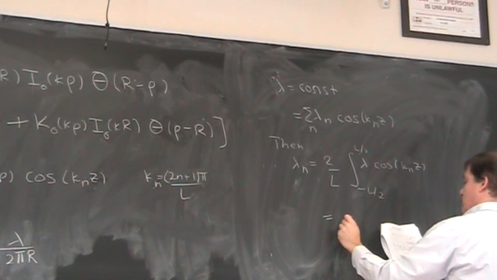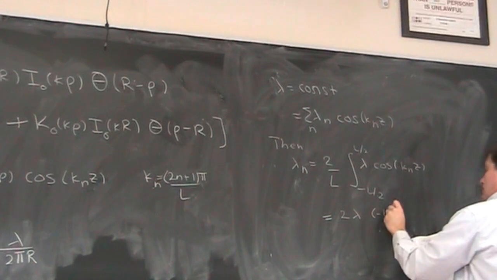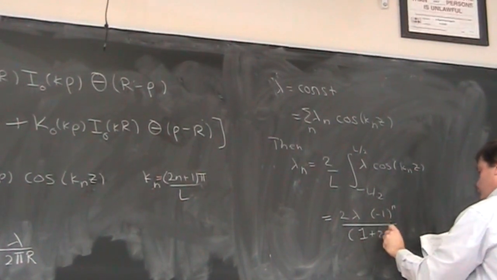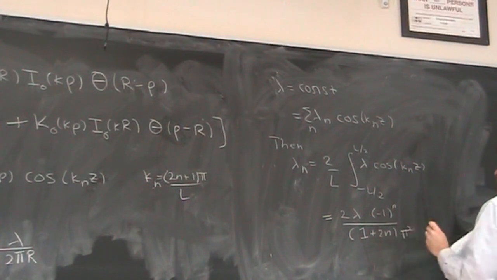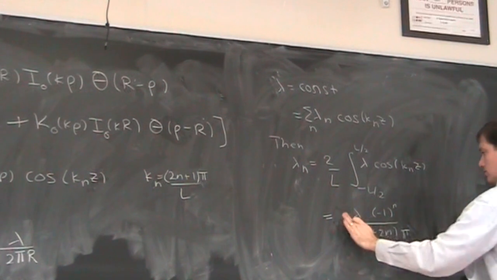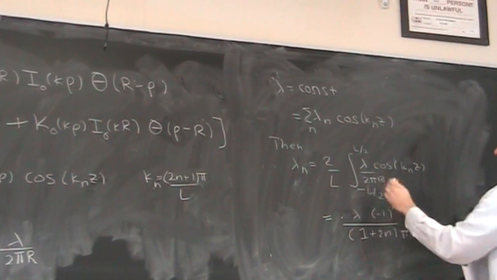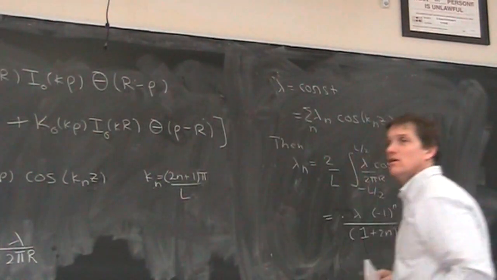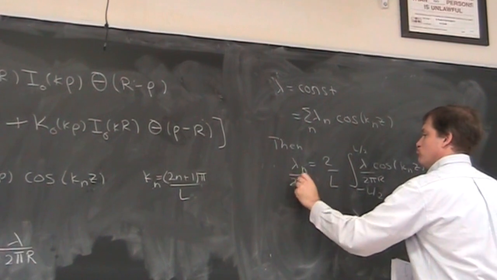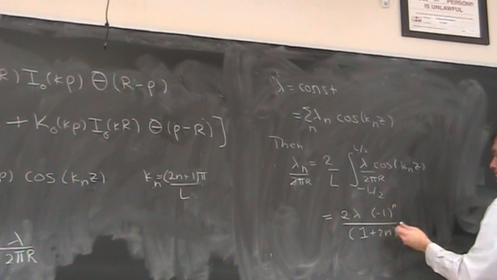It gives you 2 lambda minus 1 to the n over 1. In my notes, I divided here by 2 pi r, because the 2 pi r appears here. So let me do that here. So let me put there, then you get this 2 and pi squared.